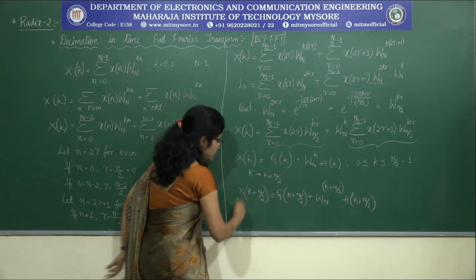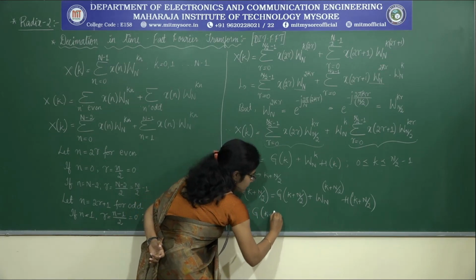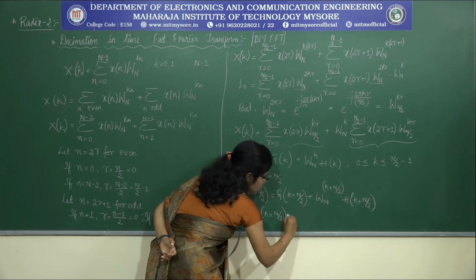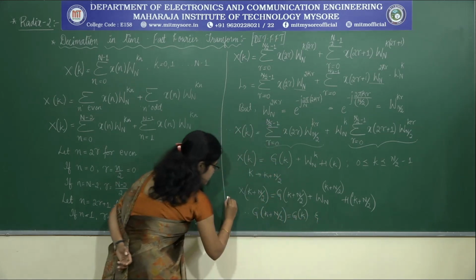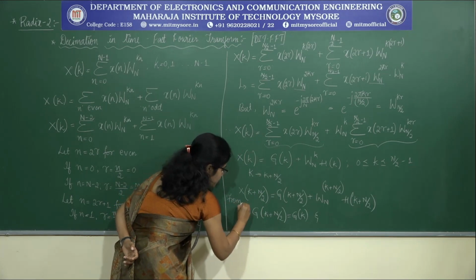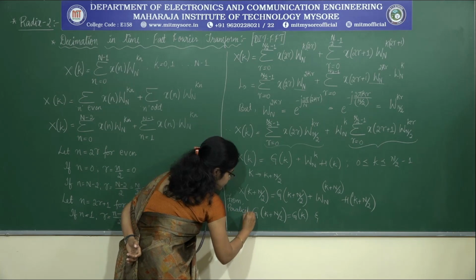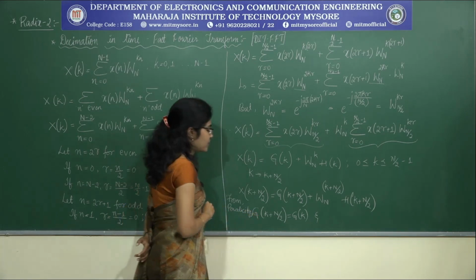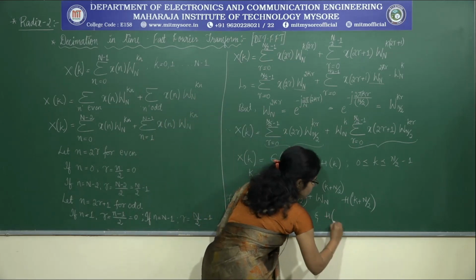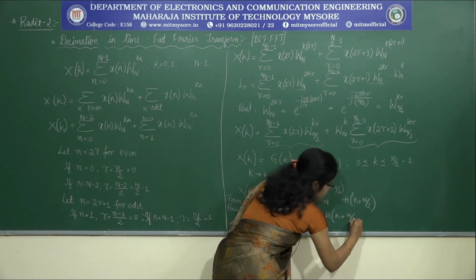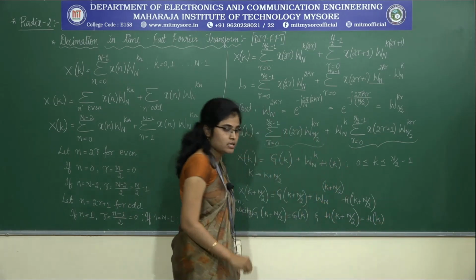What does the periodicity property say? From periodicity property, G of k plus N by 2 can be written as G of k. And so let me write it here. From periodicity, G of k plus N by 2 will be equal to G of k, and H of k plus N by 2 will be equal to H of k.